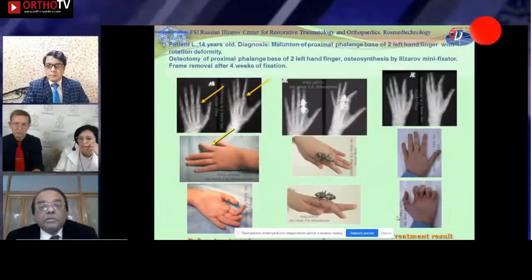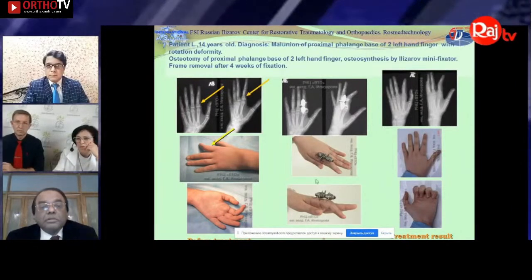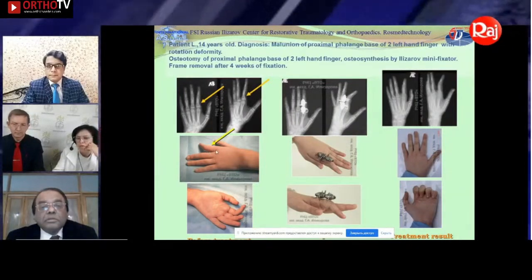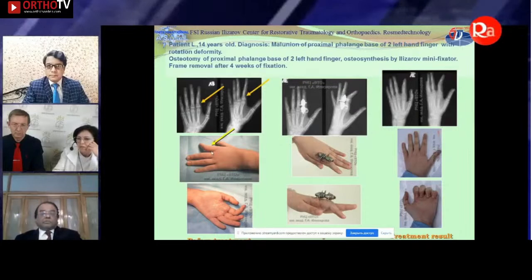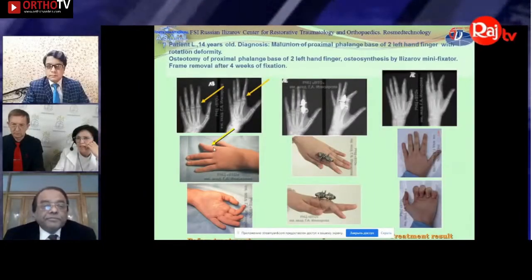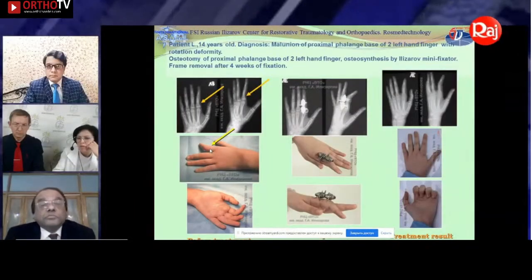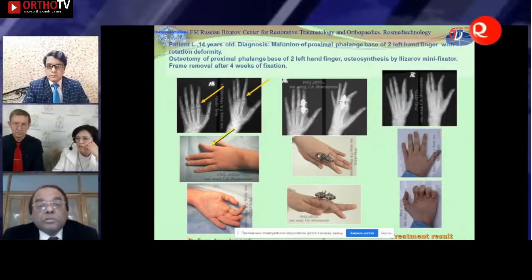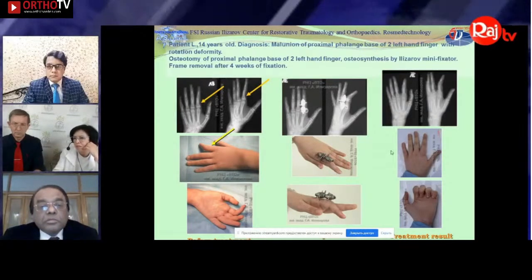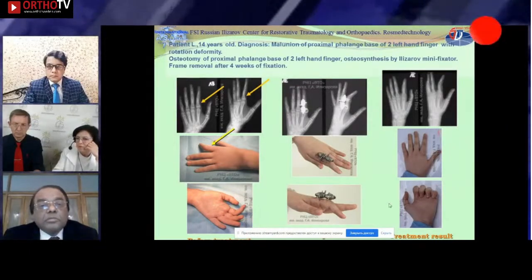And a clinical case, a little girl, rotation deformity of second finger. You can see after treatment of fracture of proximal phalanx, Ilizarov frame, osteotomy, and normal view of hand and finger, and result of the treatment.